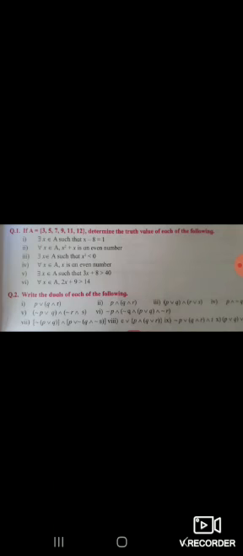I have written the notes. The first statement is: for all x belongs to A such that x minus 8 is equal to 1. We have to decide whether the statement is true or false.